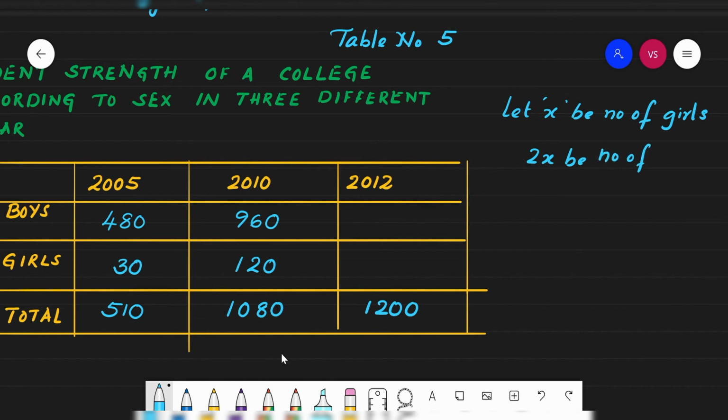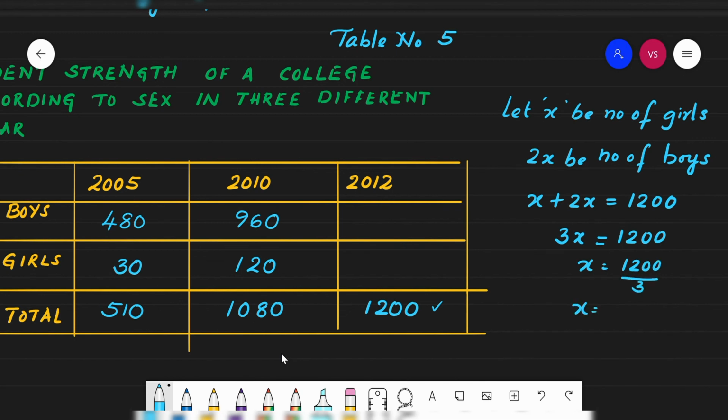So according to this, x plus 2x should be equal to 1200, the strength in 2012. X plus 2x means 3x. 3x is equal to 1200, or x is equal to 1200 divided by 3, or x is equal to 400.